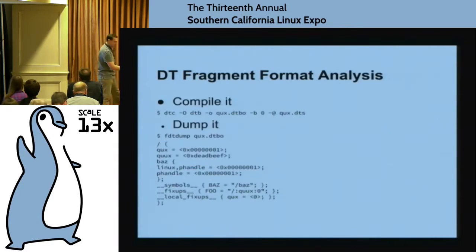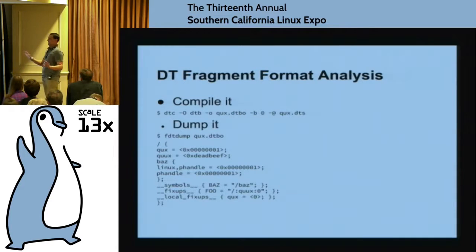So what that looks like is if I compiled that, and there's a tool to dump DTBs back out. So I compile it, and then you dump it back out. You can see that the qux node, it couldn't be resolved, so it's put in that fixups section.